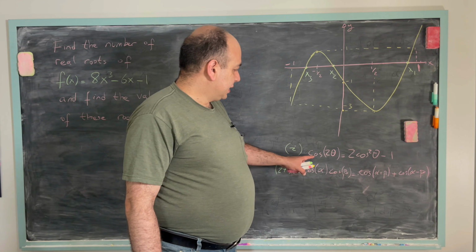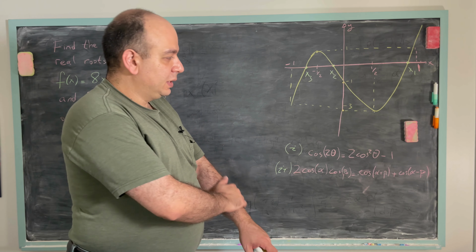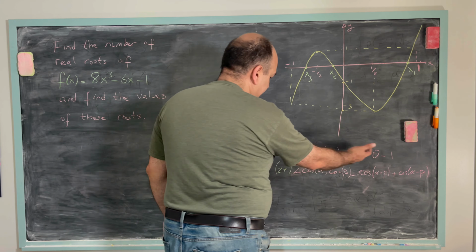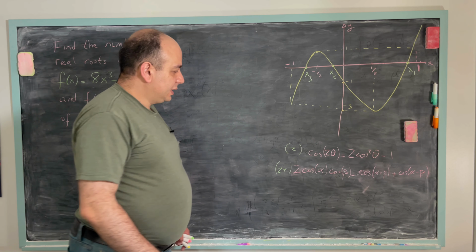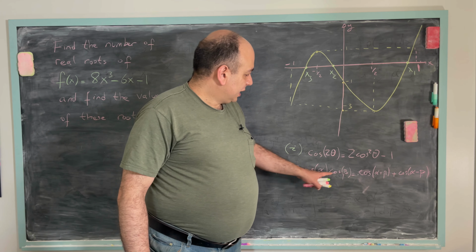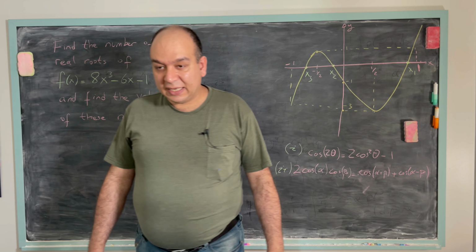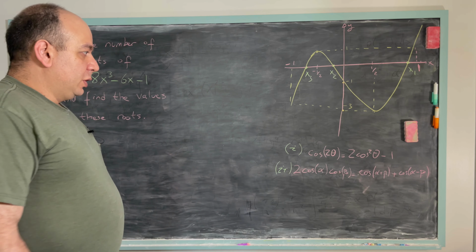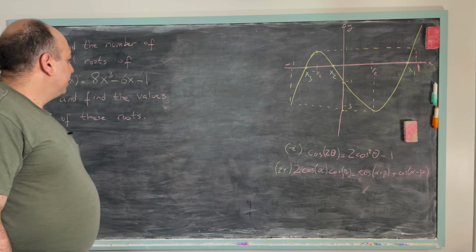The first one is 2 cosine squared theta minus 1. It's a double angle identity, and we have the product of two cosines here. So 2 times cosine alpha cosine beta is equal to cosine alpha plus beta plus cosine alpha minus beta. So we'll basically use these two identities in our calculations.